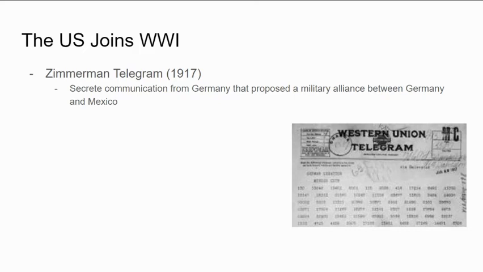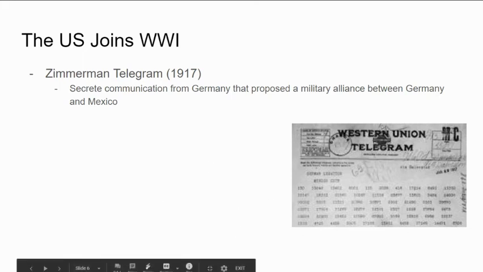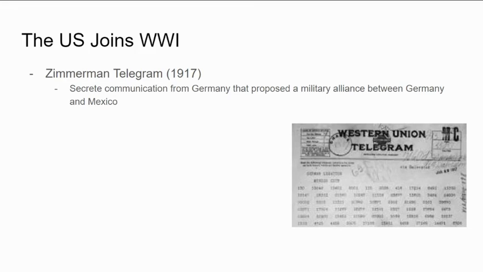Beginning of 1917, Germany is dominating the war. The French are incredibly weak. Britain has had to pull out of mainland, and they're on the defensive. And Russia's having a lot of internal conflicts as well, so they're about to drop out of the fighting. So things are getting pretty desperate for the Triple Entente.